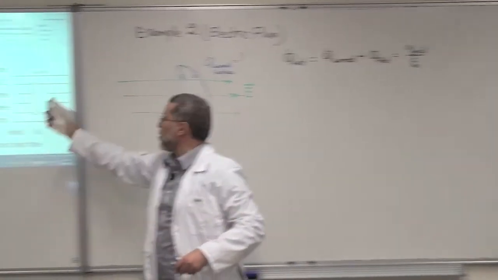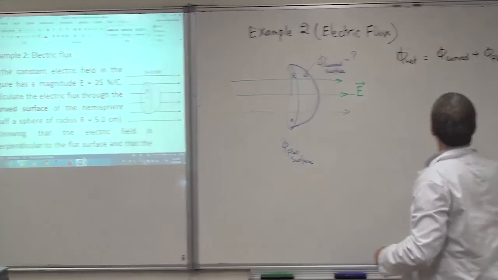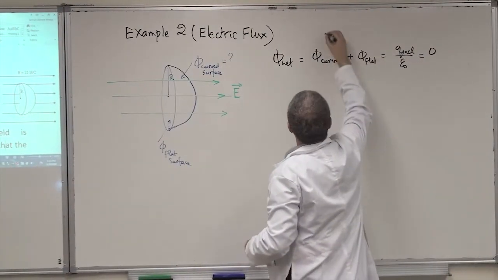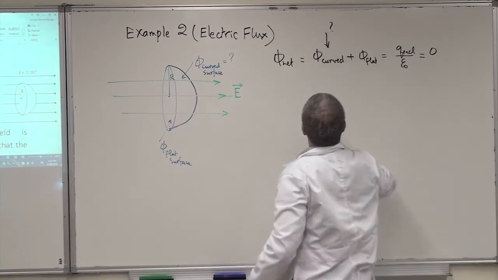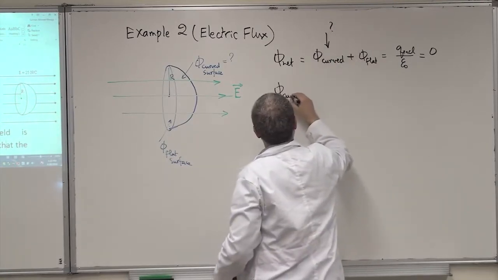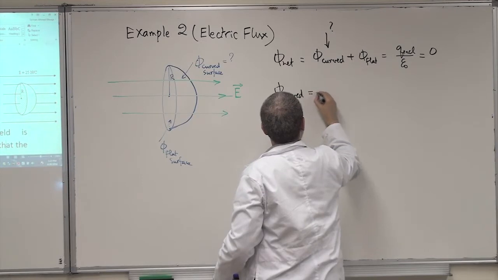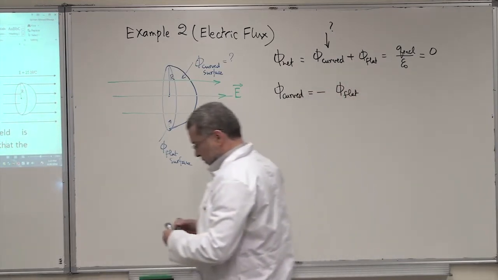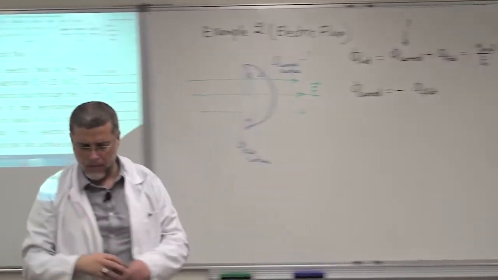But there is no charge enclosed in this closed surface, so this should be equal to 0. The question asks about the flux through the curved surface, so it is equal to minus the flux through the flat surface. And the flux through the flat surface is easy to calculate.